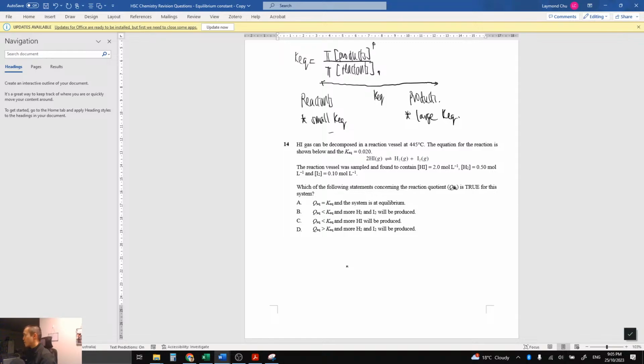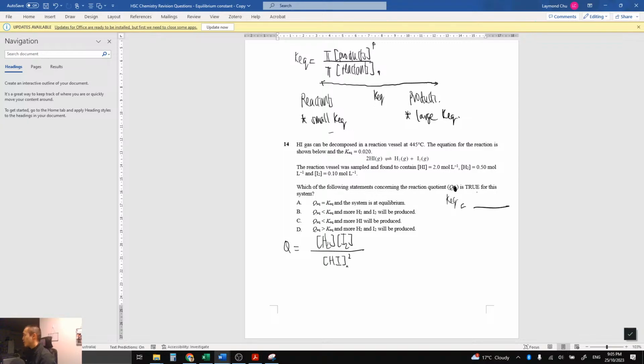Okay, this is a typo, because if that is QEQ, that means that's just KEQ, right? So our Q is typically, at any point in time, our products over our reactants, which is this. Now, how does that differ from our KEQ?